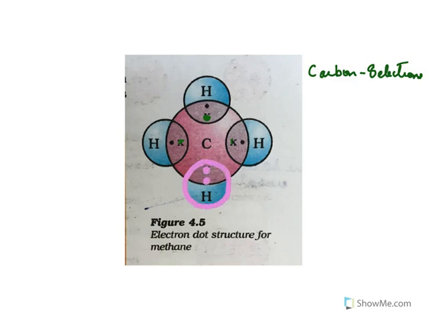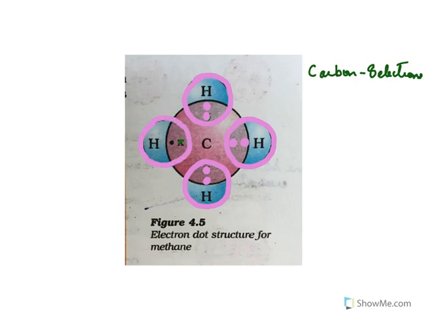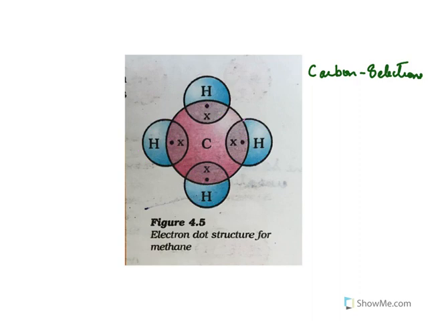It has 2 electrons and hence it is stable. It needs only 2 electrons, because it is the first orbit, the K orbit. Each hydrogen has 2 electrons and is stable.